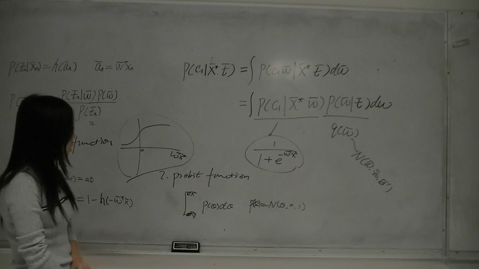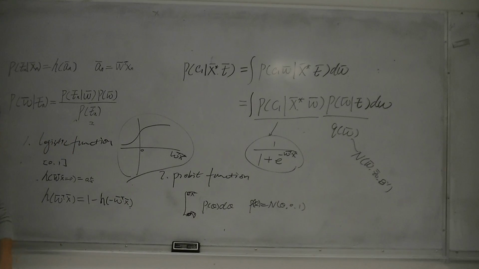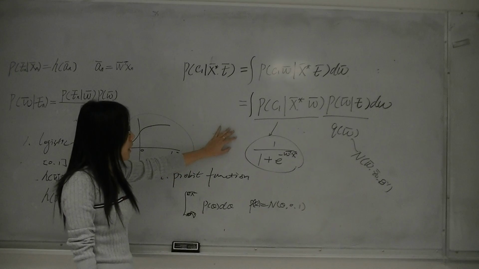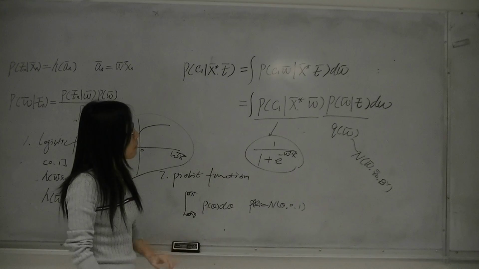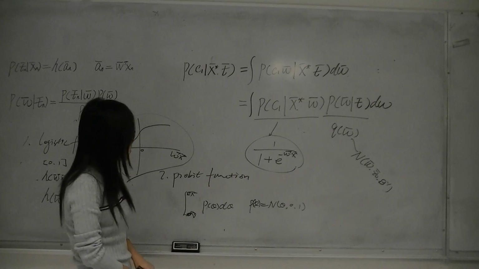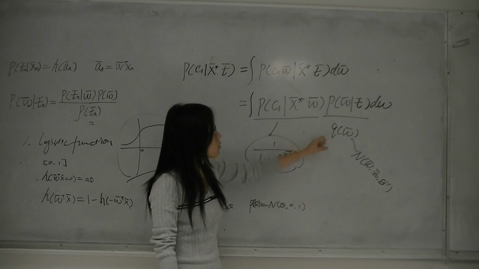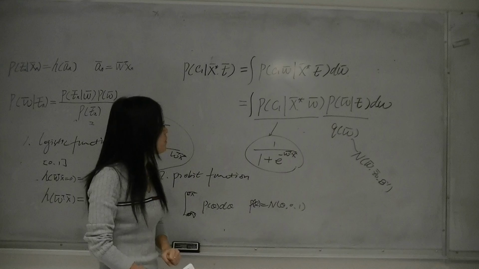The integral of this function is also bounded between 0 and 1, and it is also a symmetric and monotonic function. So we can consider using the probit function to model the likelihood. We also know that the integral of the probit function and the Gaussian distribution has a closed form solution.